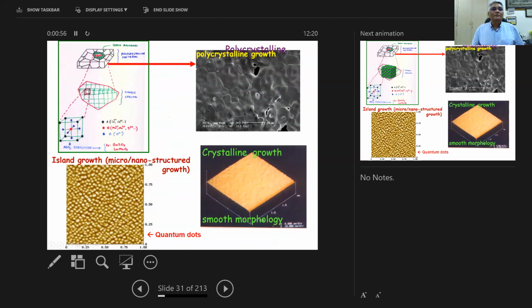Here, if you look at the scale, this is a 1 micron by 1 micron scale, and this is a 50 micron scale. In a 15 micron scale here, what you see is grain sizes ranging from 5 to 50 almost.